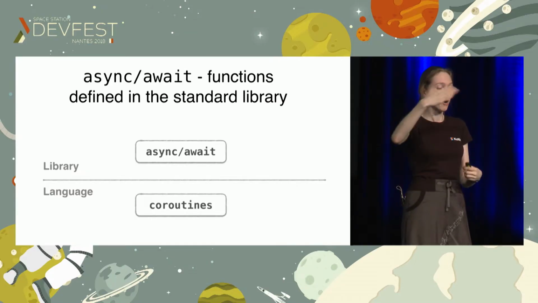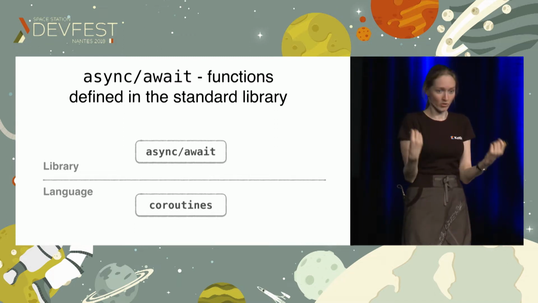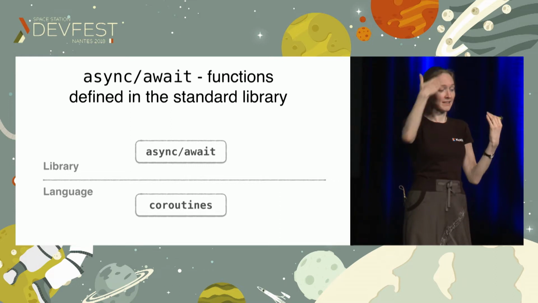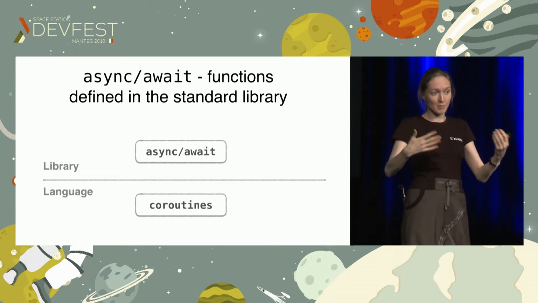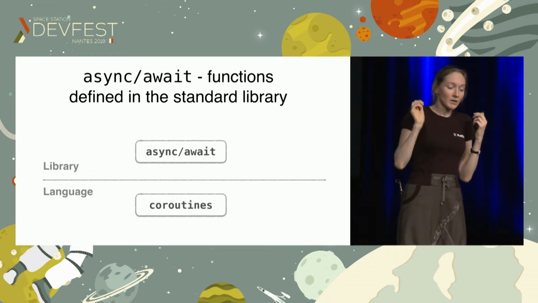And in Kotlin, it works on top of the concept of coroutines. So the concept of coroutines allows us to have async await in the library and to enjoy its power. Coroutines allow much more than just async await, and we'll discuss it a little bit later. But for a start, I want to focus our attention on this async await.